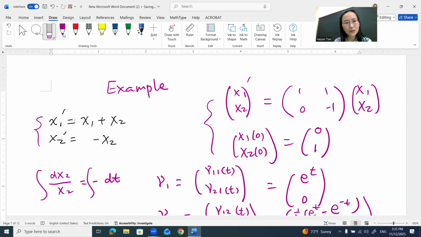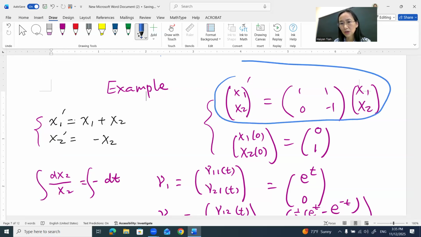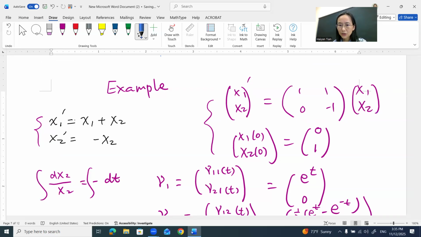So eventually your solution curve, x1, x2, after you solve this homogeneous problem, you have two arbitrary constants in the representation. But with initial data, then you can determine those constants. So that's how we find gamma 1 and gamma 2.